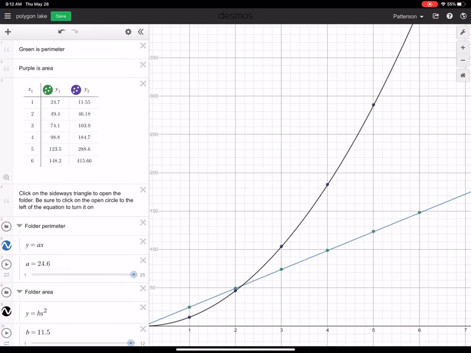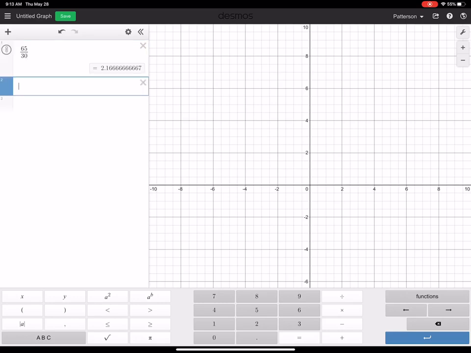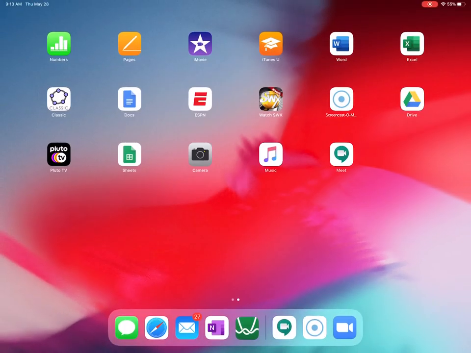We'll come down here. Let me get rid of this and give us a new graph. We're going to go 65 divided by 30. That gives me about 2.17. But then remember, that's the scale factor. I have to square that in order to get the answer I'm looking for, because it's area. So it's about 4.7 times more area.